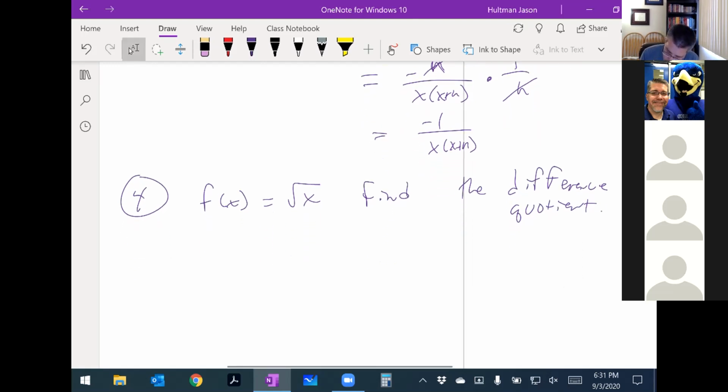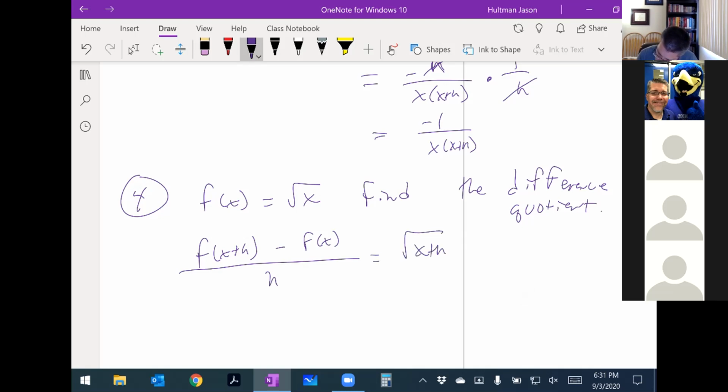So f of x equals radical x. So what's the difference quotient? f of x plus h minus f of x all over h. This is going to equal radical x plus h minus radical x, all over h.